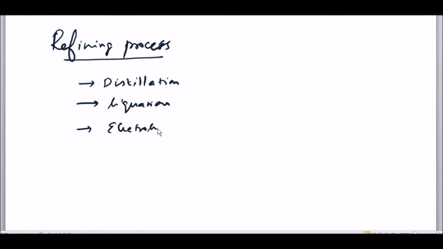Most of the metals are refined by this particular procedure called electrolytic refining. And we have the zone refining. And we can have the vapor phase method.